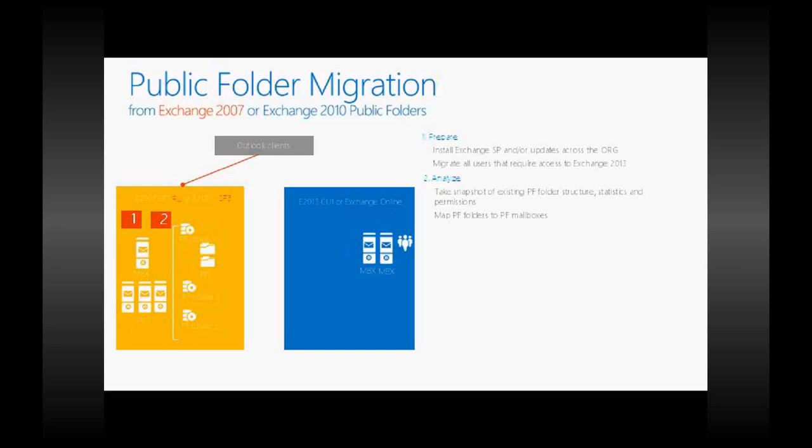And that will give us the ability of seeing how many public folder mailboxes we will need in the new environment. So we're taking a snapshot, but we're also using that data to give us the structure of what the public folder mailboxes will look like in 2013. And those are configurable, so you can change the parameters in there as well, and make adjustments accordingly.